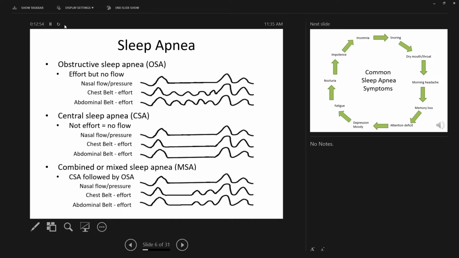In the chest, the first half of that apneic period, there's no chest or abdominal belt effort. But as we get closer to the end of that apneic period, the latter half of it, you can see there's movement in the chest and abdominal belt. So this represents central sleep apnea followed by obstructive sleep apnea in the same apneic period, and this is what we call combined or mixed sleep apnea.